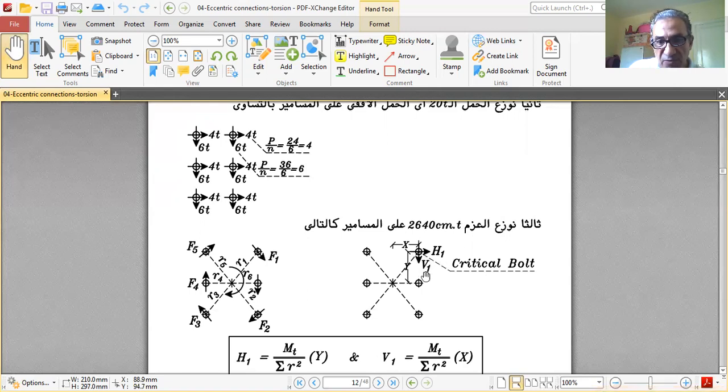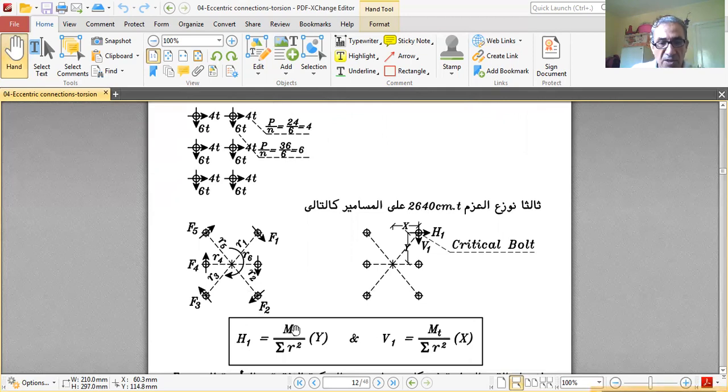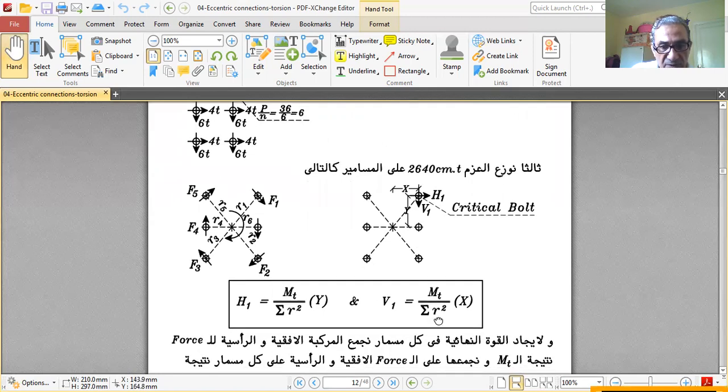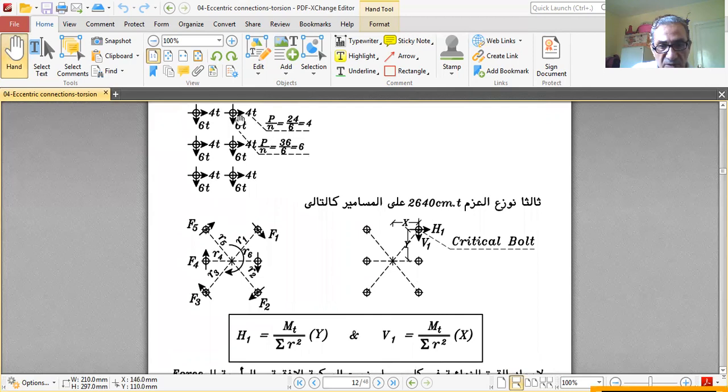We have H1 and V1 over here due to this F1. H1 equals M torsion multiplied by Y over sigma R squared, and V1 equals M torsion multiplied by X of this bolt divided by sigma R squared. Then we calculate the H and V for the other force. Sum up H, sum up V, and then get the resultant: square root of V total squared plus H total squared.